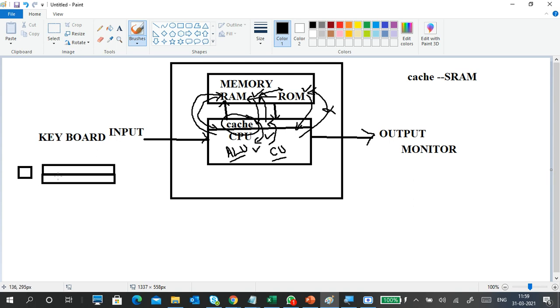So in single core we have one single cache memory. In dual core also we have a single cache memory. It means when you load instructions from RAM to the cache, it will load instructions to the CPUs. So it will be shared, and your process will be done at double the speed. If you are doing one single process, it will run at double the speed.